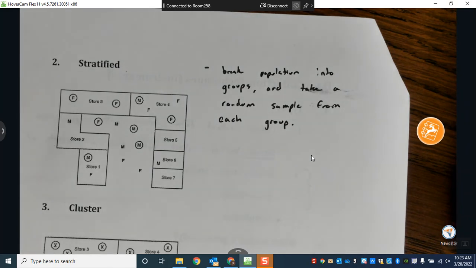So here she broke them all up into men and women, and she took a random sample of men, and she took a random sample of women, and that guaranteed that she got individuals of a good blend that she wanted.